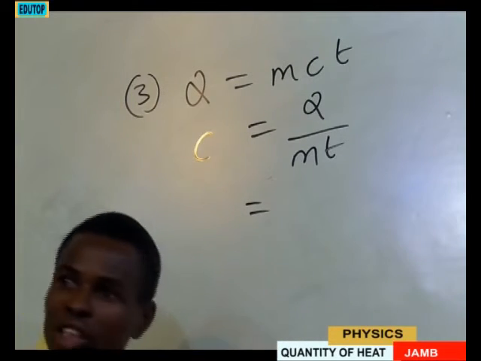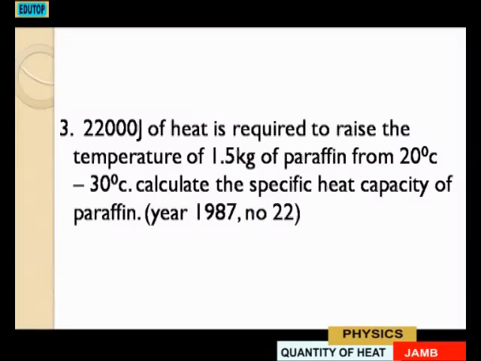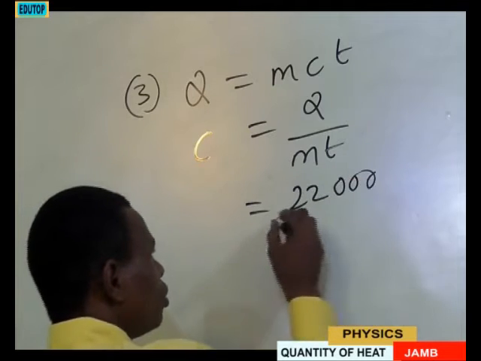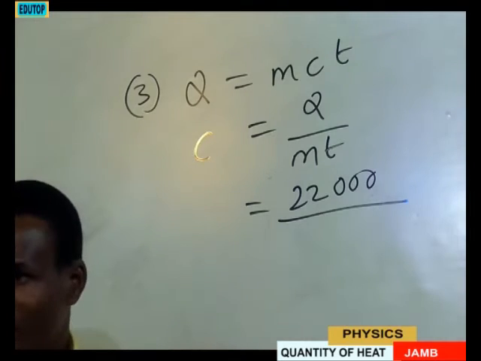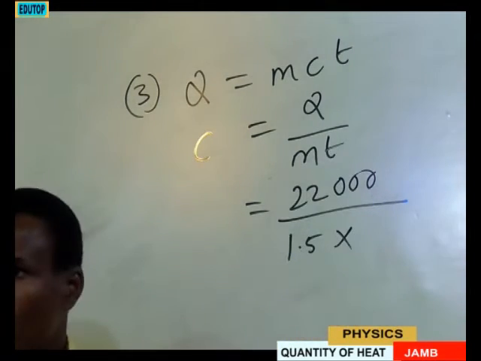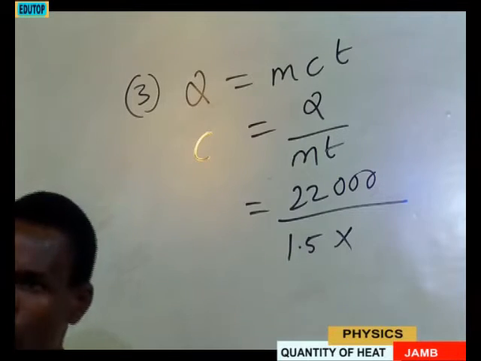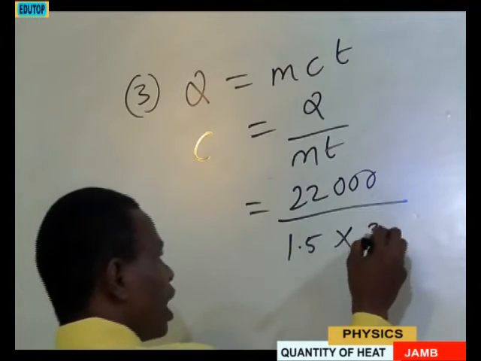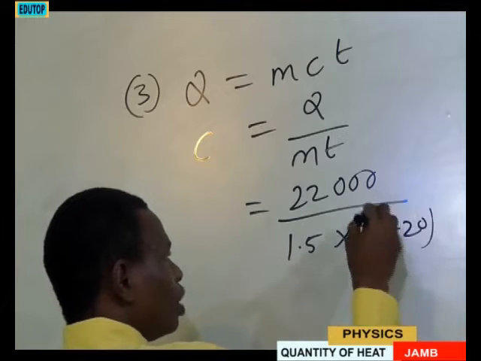We are given the quantity of heat, which is 22,000. Put it there. We are given the mass, 1.5. We are given the temperature range from 20 to 30, which is going to be 30 minus 20.